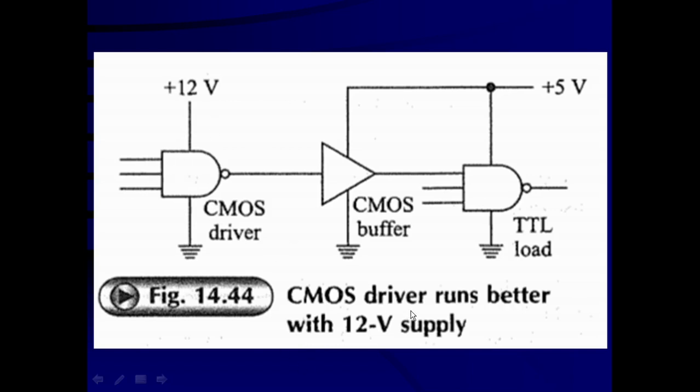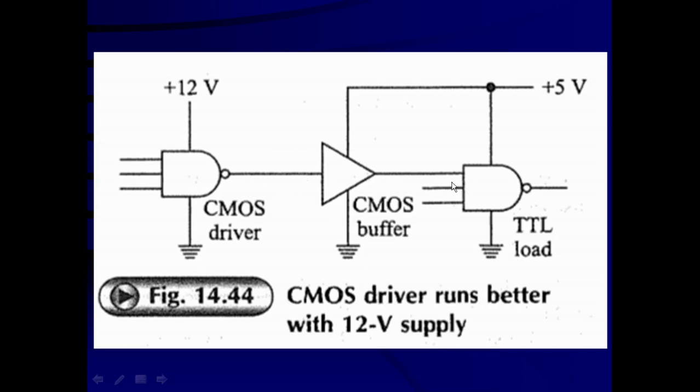The CMOS driver runs better with plus 12 volt, so the CMOS driver is connected with a supply voltage of plus 12 volt. The output of the CMOS driver, when it is high, will be plus 12 volt.